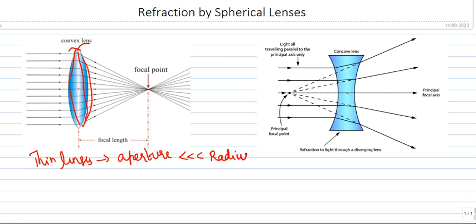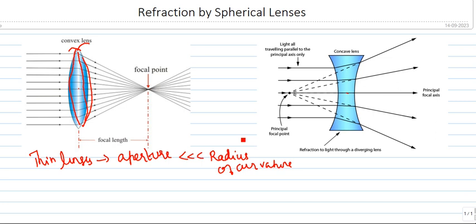We already saw what radius of curvature of the lens is. So when the aperture is very much less than the radius of curvature, it is called a thin lens.